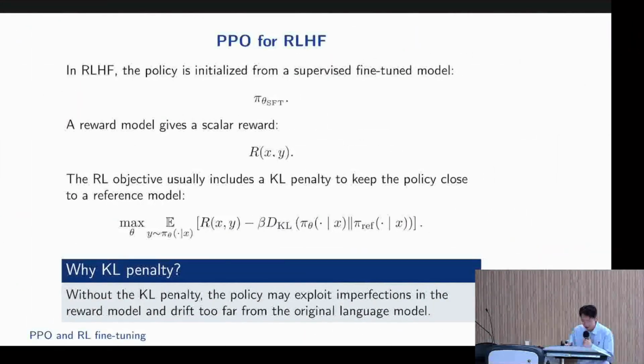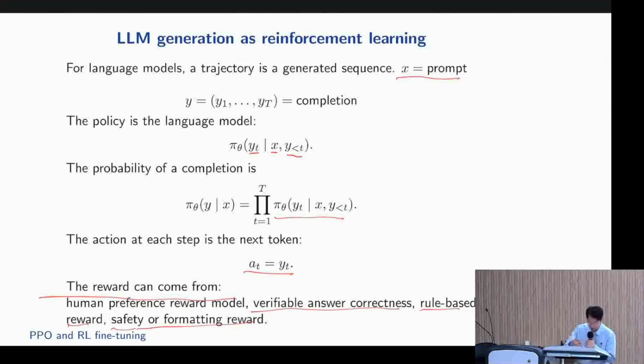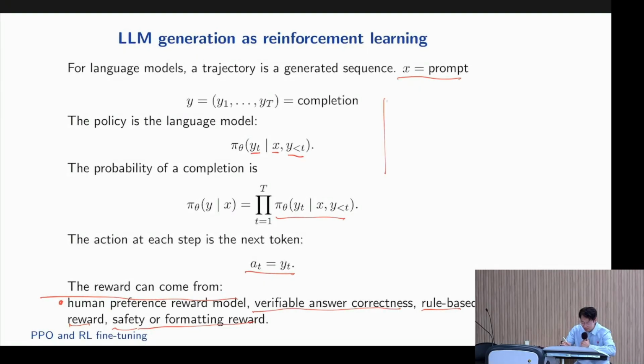Okay, so let me explain what these mean. So first of all, human preference reward model. So sometimes if you use ChatGPT or any generative model, in the UI, you make some prompt, and ChatGPT gives you two options.